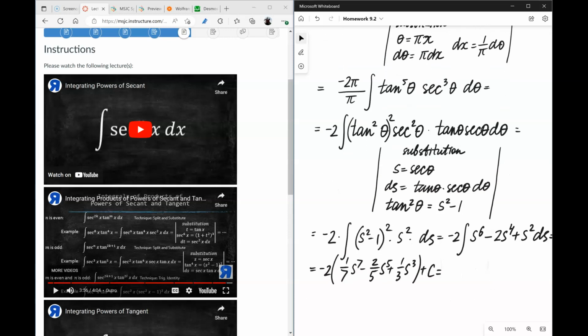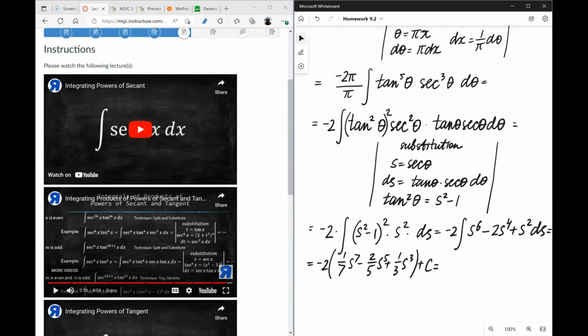But remember what s is. S is secant theta. So we have 1/7 secant to the power 7 of theta, but what's theta? Theta is pi x. So the final answer is obtained after replacing all the new variables with what they stand for in terms of x. And this is the final answer.